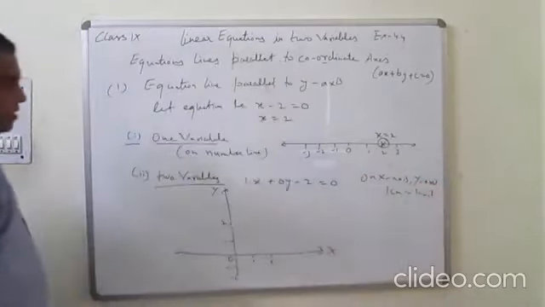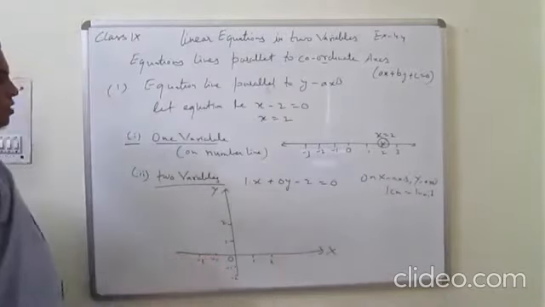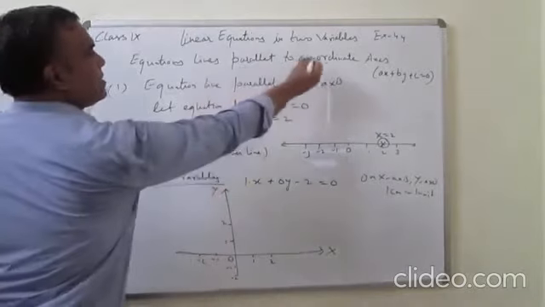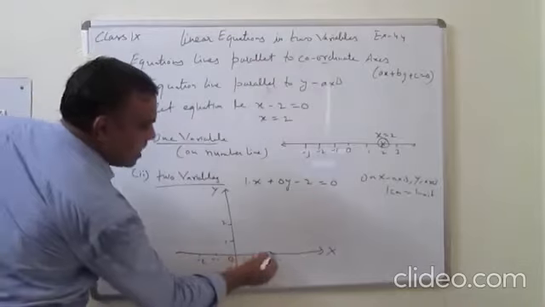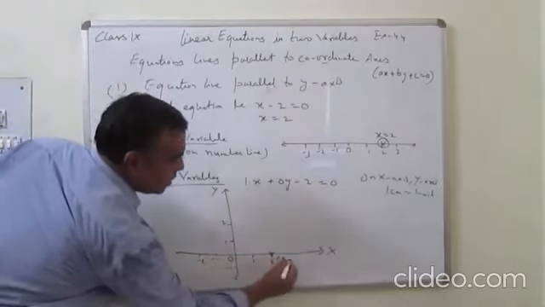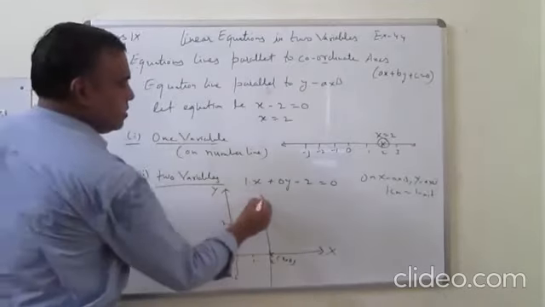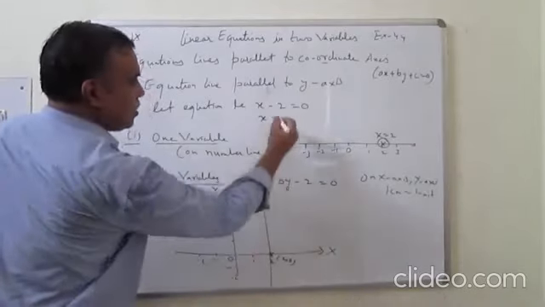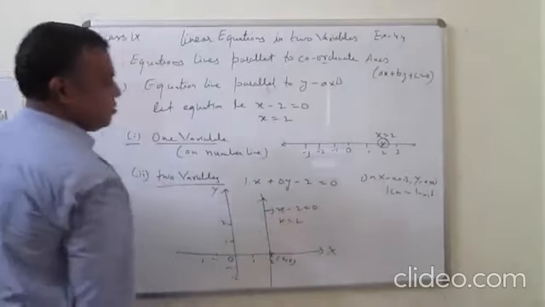So this is the line parallel to y-axis, x is equal to 2. This point is (2, 0), and you see that this is the line x minus 2 is equal to 0, or x is equal to 2.